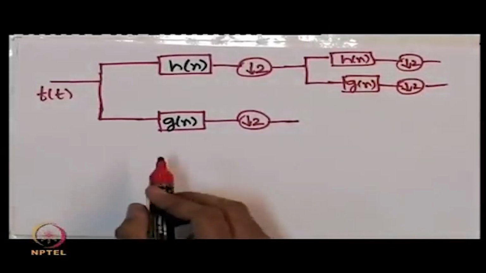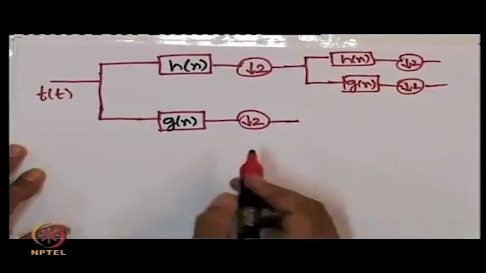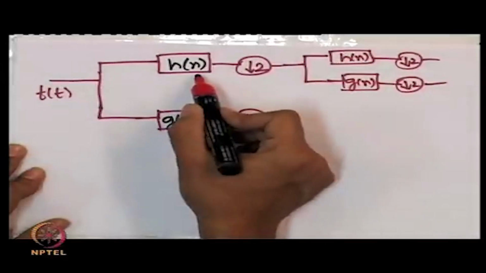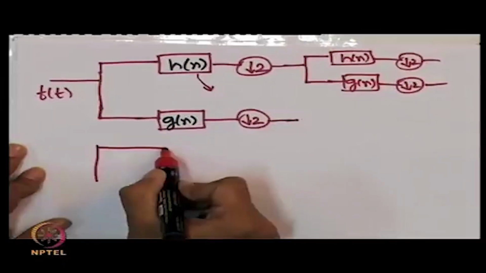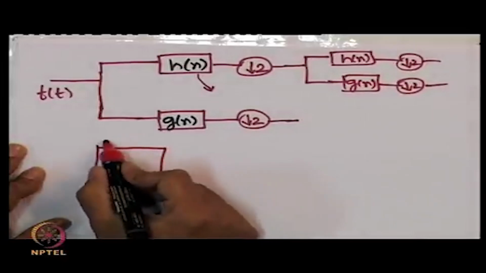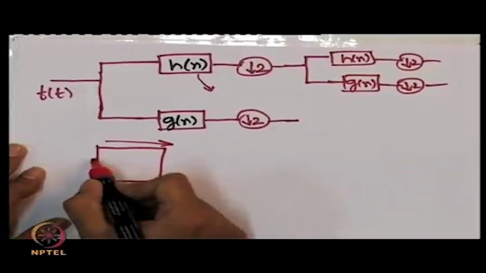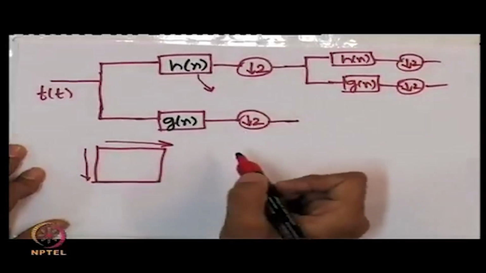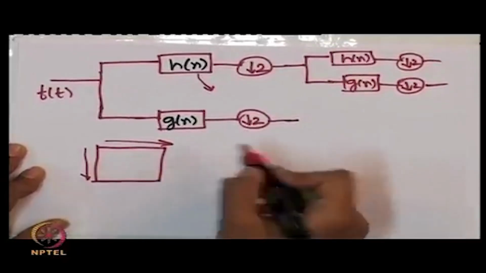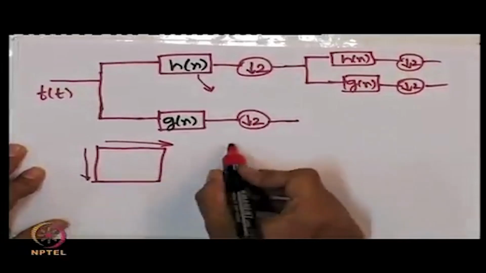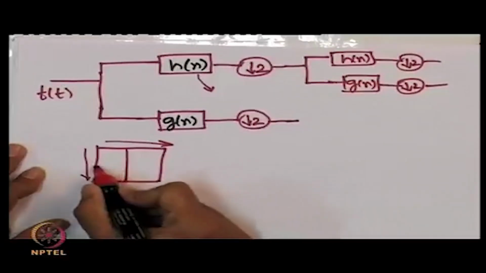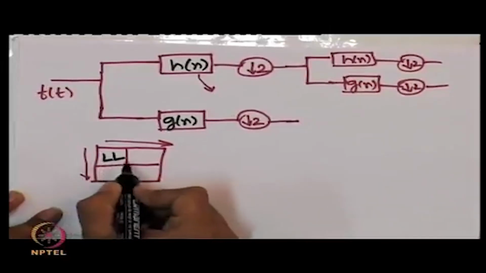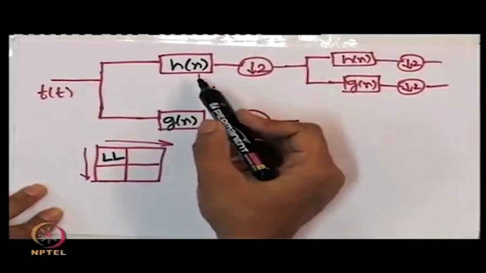For example, if we apply this filter bank to a two-dimensional signal such as an image, then we apply the filter HN to the image row wise and then column wise. If we apply first HN row wise, downsample it, and then apply HN again column wise, downsample it, then we will get the low band of the image, LL, because we are applying HN, which is a low pass analysis filter, twice.